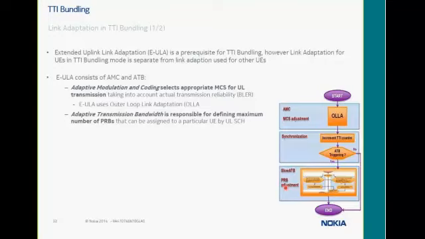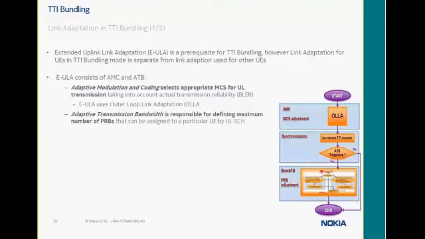And yes, this is exactly where TTI bundling will be working. The subscriber is going to have a slightly different link adaptation from the rest of the UEs because it's using TTI bundling. So it's going to have an adjustment to this part here, because the bandwidth in TTI bundling is hard limited to 3 PRBs, and in the MCS, the order of modulation is limited to QPSK.